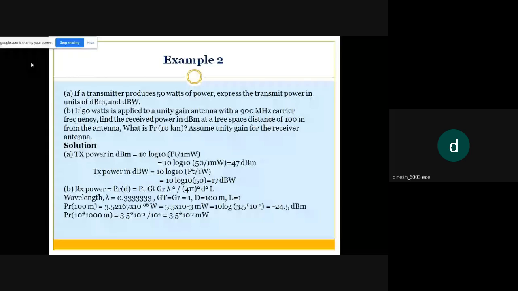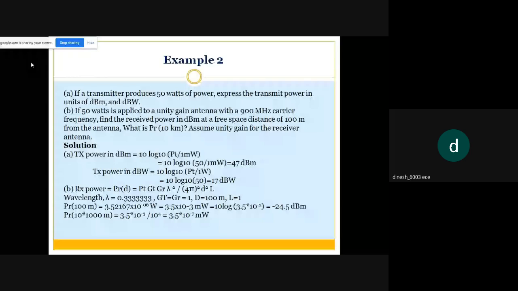Okay. So next, in terms of decibel watts, how to calculate decibel watt is 10 log base 10 of PT divided by 1 watt, which is 10 log of 50. So 10 log of 50, which is the transmitted power, we get 17 decibel watts. Kindly check it out. You're getting 17 decibel watts.